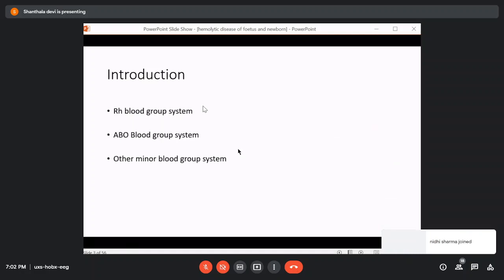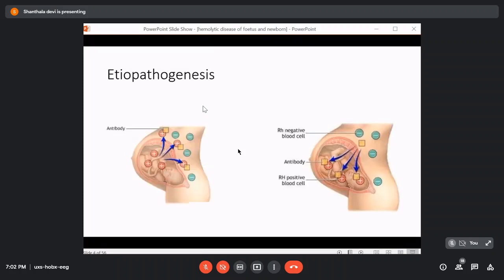So what are the blood group systems involved in this disease entity? Most well known is the Rh blood group system, which includes not only the D antigen but also the other antigens, capital C, small c, capital E and small e, the ABO blood group system, and the other minor blood group systems.